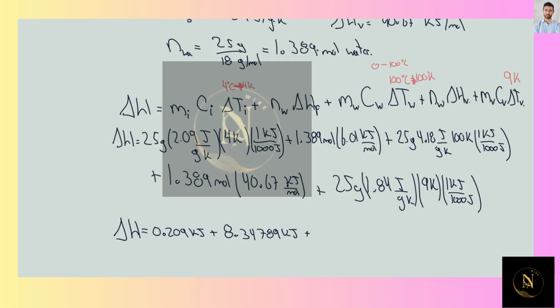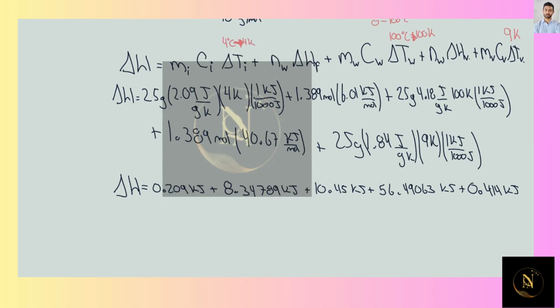The next term we're going to have 10.45 kilojoules plus 56.49063 kilojoules plus the last one, that is 0.414 kilojoules. So with this, we're done with the problem.